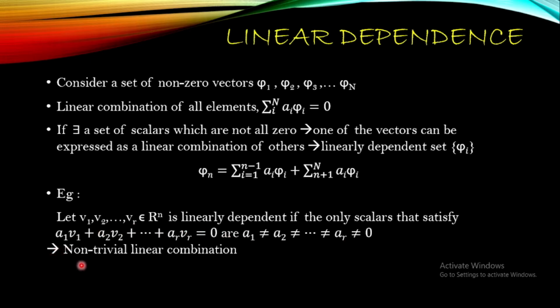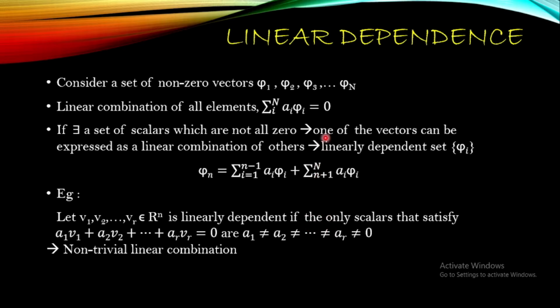Such a combination is called a non-trivial linear combination, where the coefficients are not going to be equal to 0, and these can be written in terms of the other coefficients also. Like we can write a2 in terms of a1 or a4 in terms of a5.